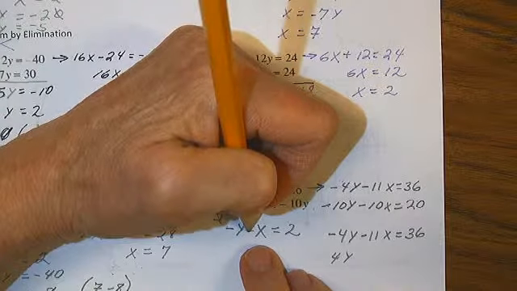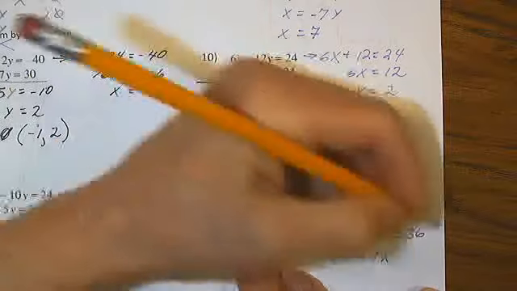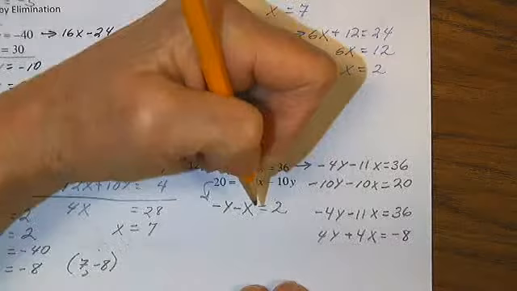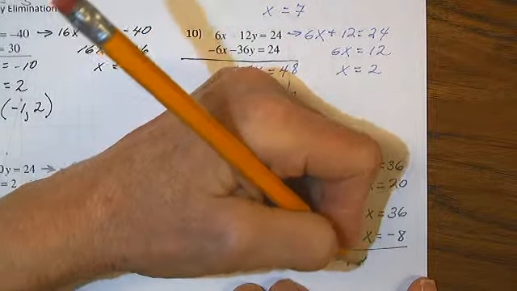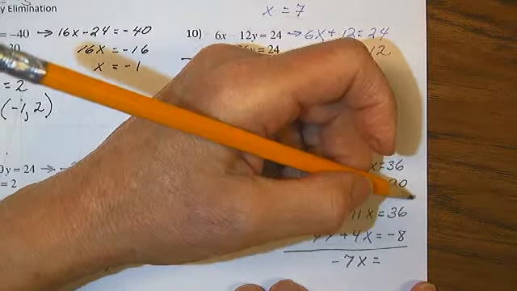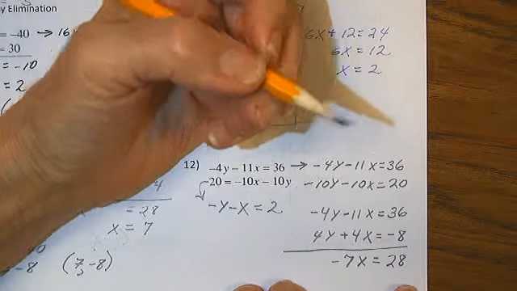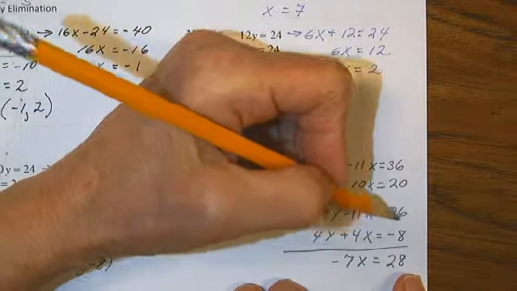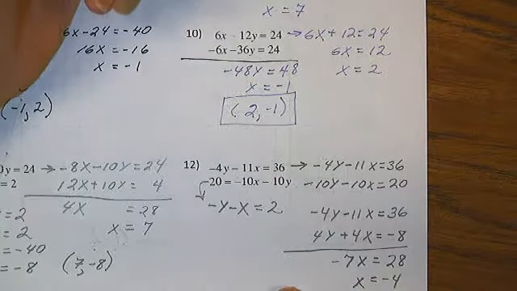Negative x times negative 4 is 4x. 2 times negative 4 is negative 8. That gives me negative 7x equals 28. 36 minus 8. 8 plus 8 is 16. So x equals negative 4.